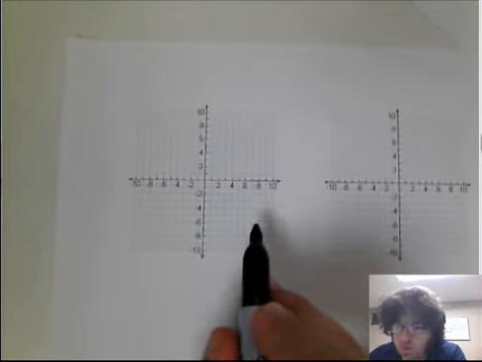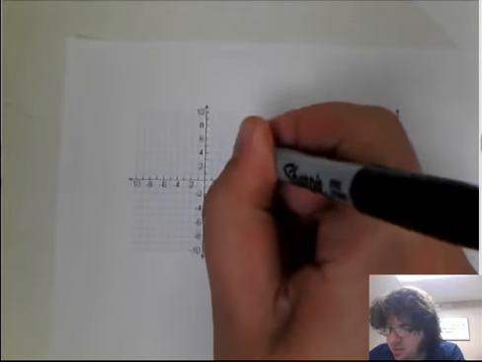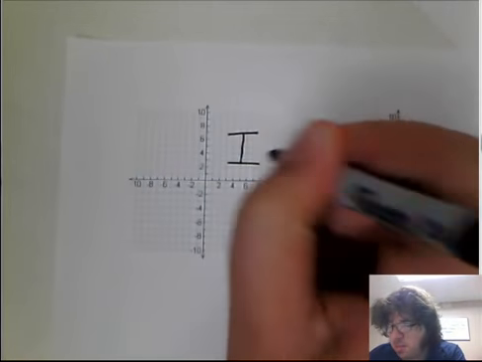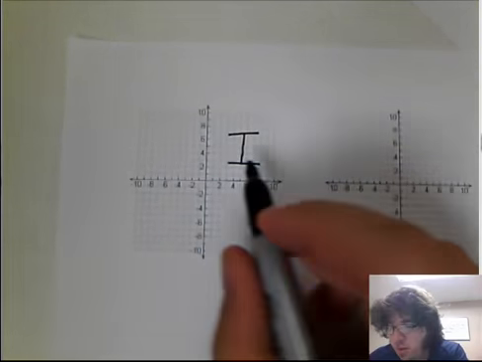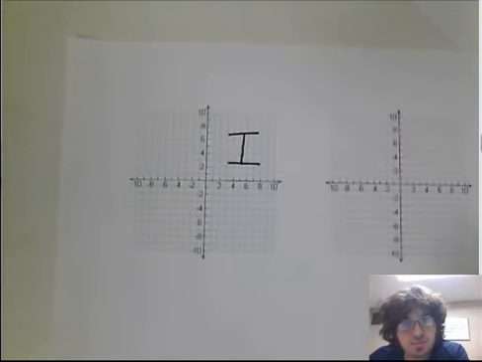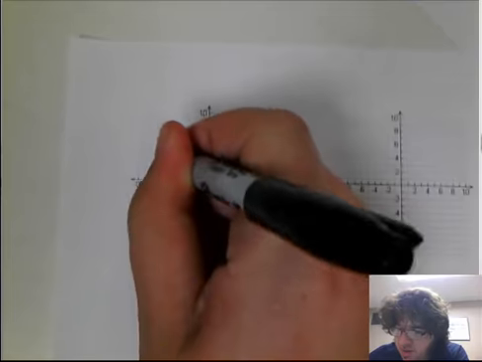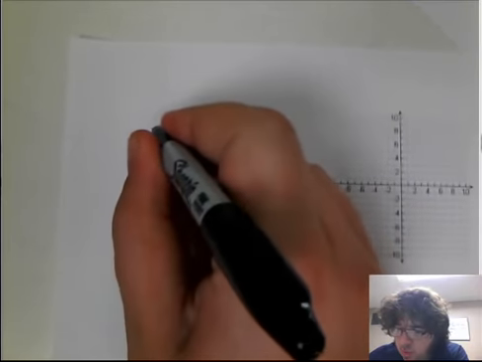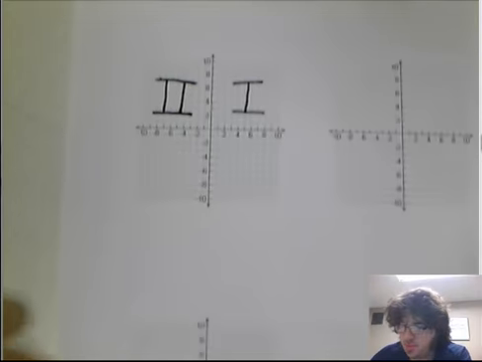Okay, and the way we label our quadrants is a little weird. This is quadrant number 1, but we label it as a Roman numeral symbol for 1, which is right there. For quadrant number 2, we actually come in this direction and use the Roman numeral symbol for 2 in quadrant 2.